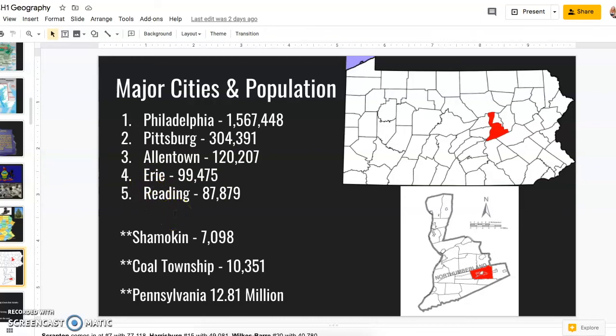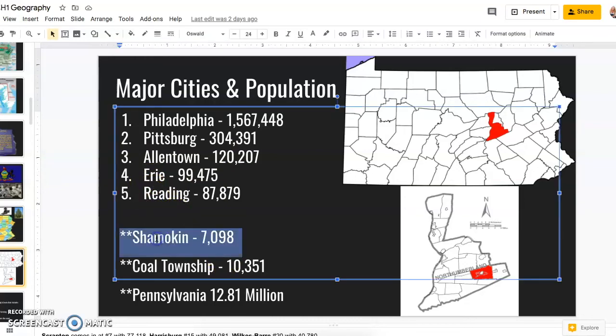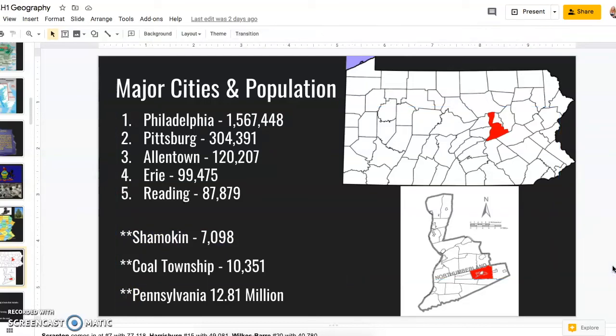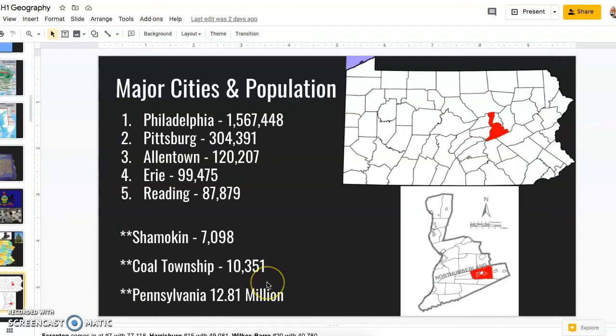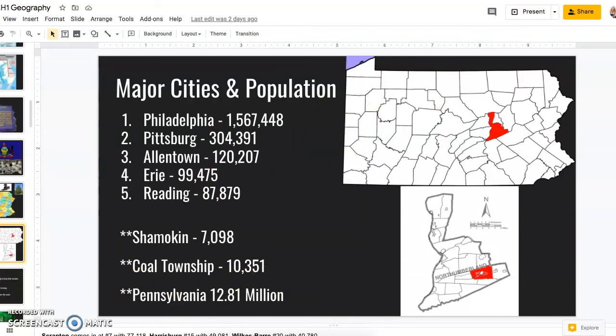And then you can compare that with where we live. There's Shamokin's population. There's cool townships. And Pennsylvania in general has 12.81 million people. So it is one of the largest states on population, even though it was only the 33rd largest based on size, like actual area. So it is large.